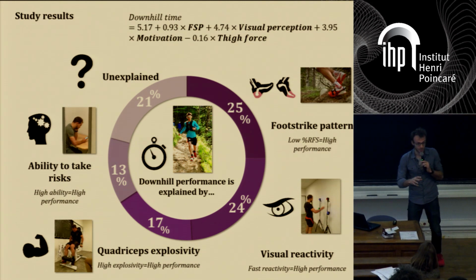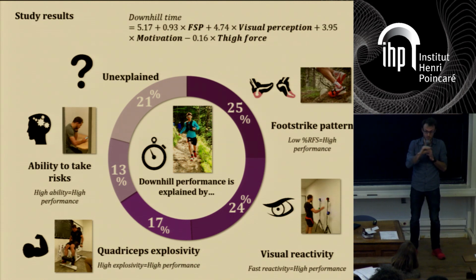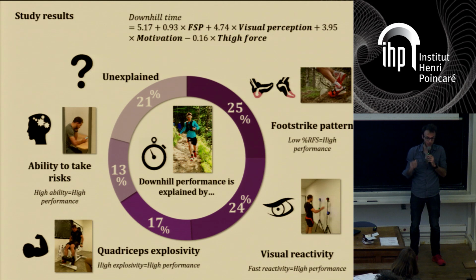Because like Nico said, we know that when you lower the drop, lower the stack height, so the thickness of the midsole, the global thickness, you're more likely to forefoot strike. So basically you could improve your downhill ability by choosing a shoe that has a low drop, low stack height.